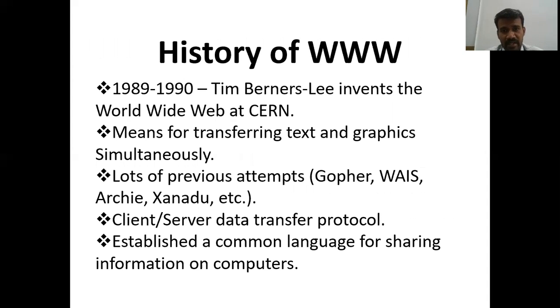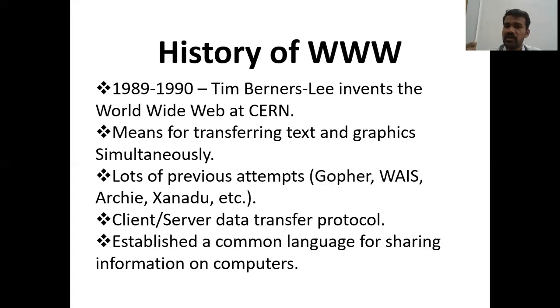In 1989 to 1990, Tim Berners-Lee invented the World Wide Web at CERN. That is where the first thing on the internet comes into the picture. It meant transferring text and graphics simultaneously.